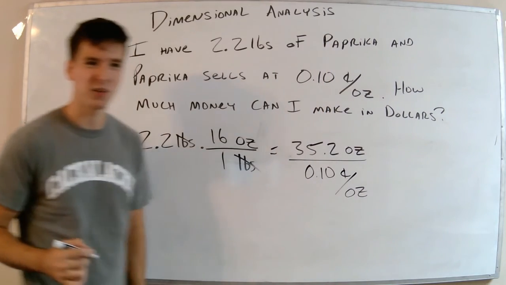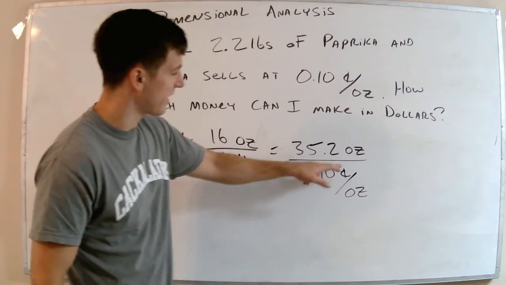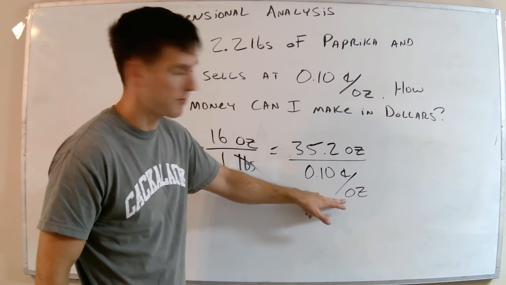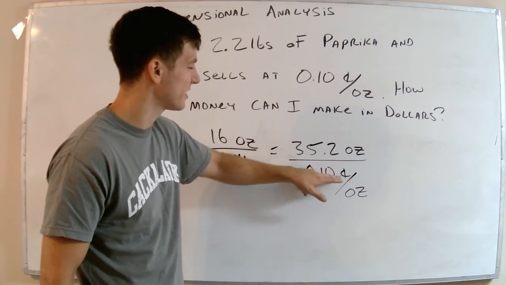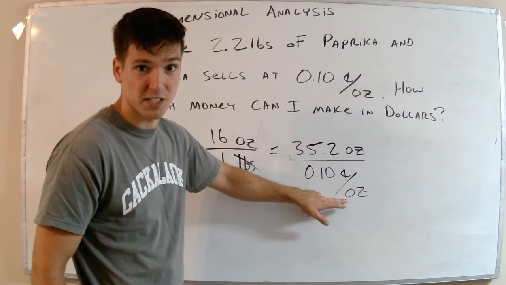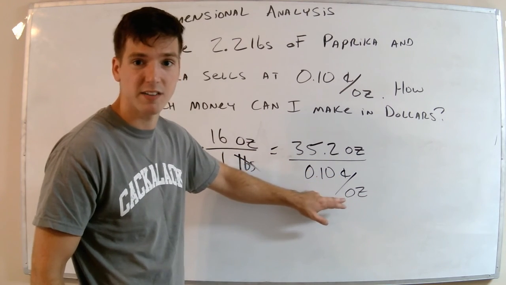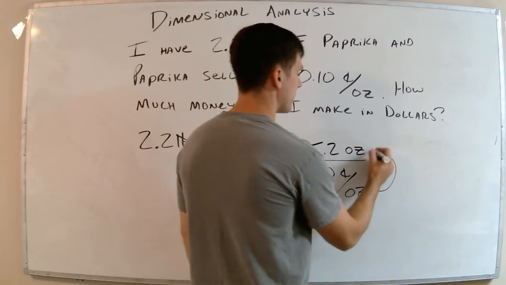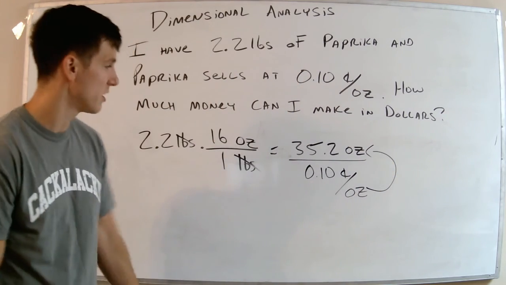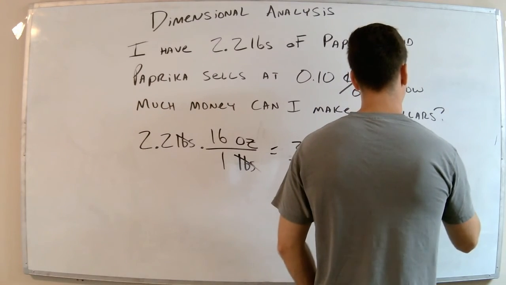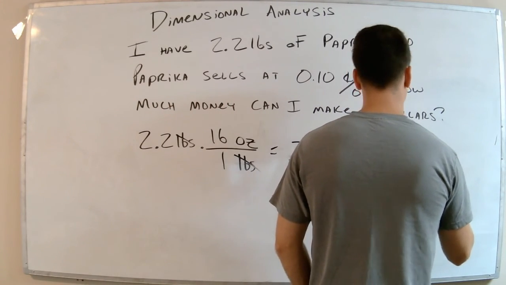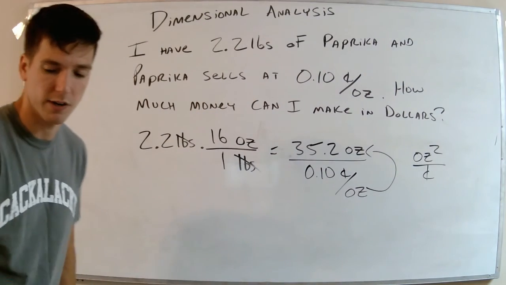Let's look at our units. Anything in the denominator of the denominator, we can move into the numerator position. So our units would end up being ounces squared over cents, and that's not what we're looking for.